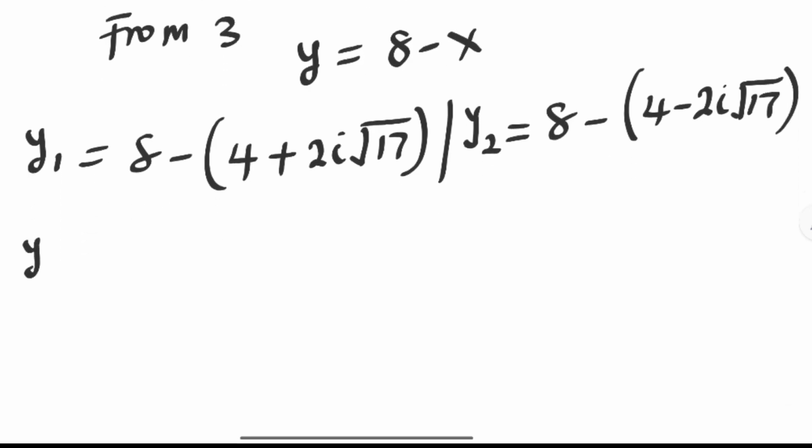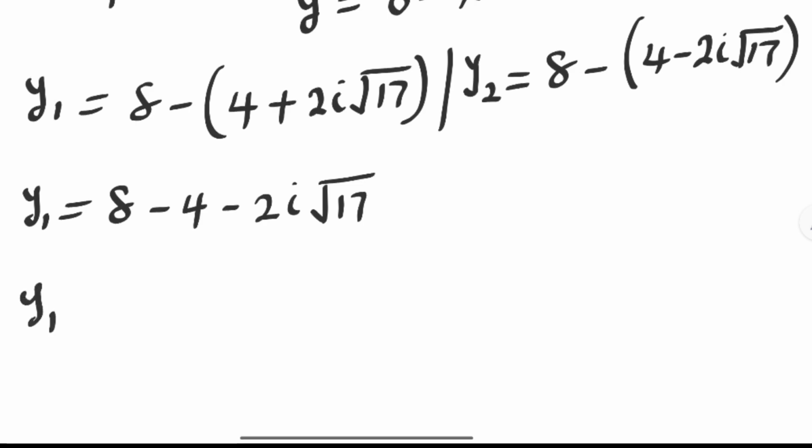Then here y1 is equal to 8. If you open the bracket with negative, here is minus 4 minus 2i square root of 17. y1 is equal to 8 minus 4.